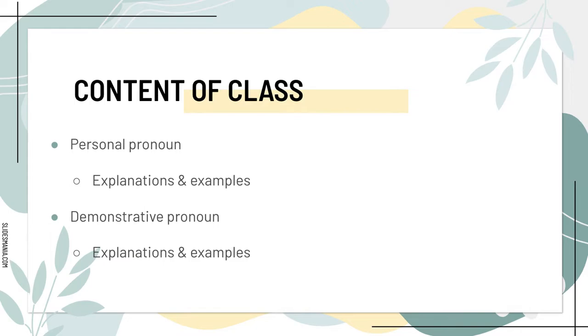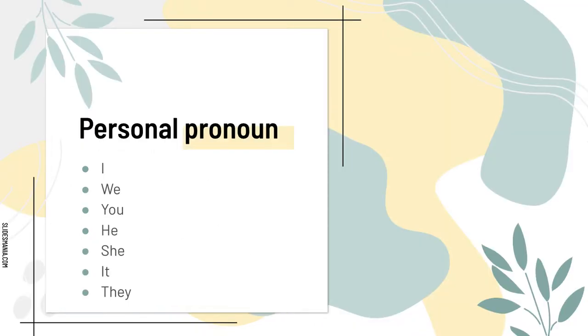And as the second point, I am going to talk about demonstrative pronouns with explanations and examples. So, personal pronouns: I am going to talk about I, we, you, he, she, it, they in Japanese.